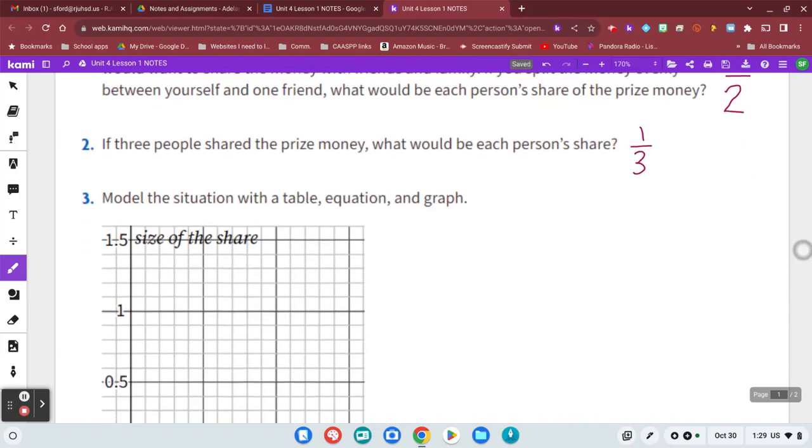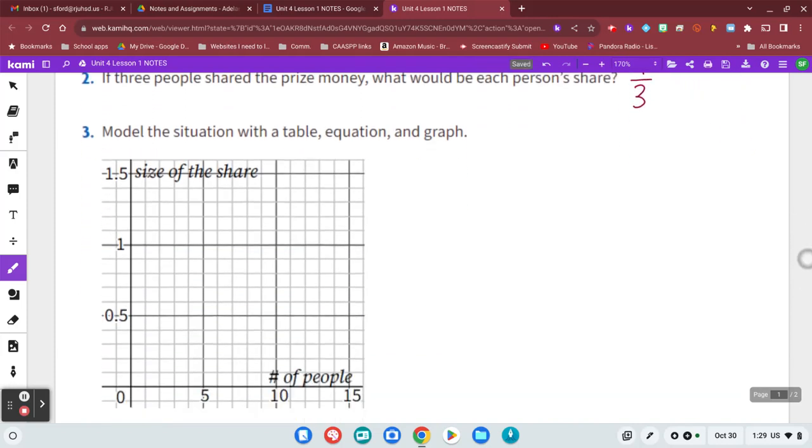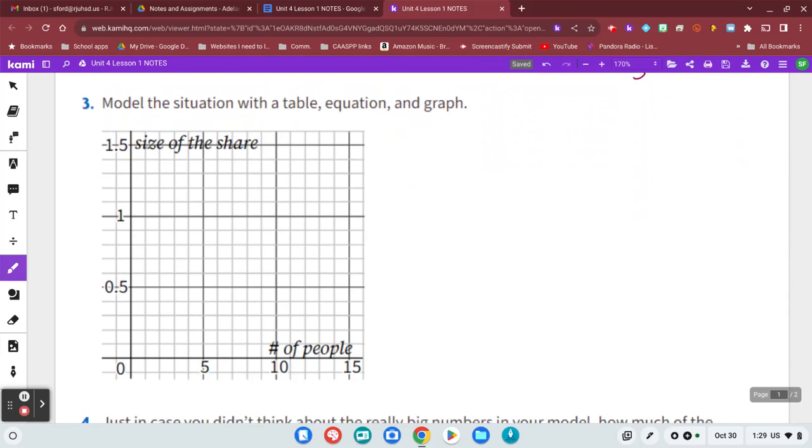So now let's go ahead and make a table for this one, and we're going to graph it. So here we're going to get x and y. If we are just sharing, we each get one share. If I'm only sharing with one person, me, I get the whole thing.